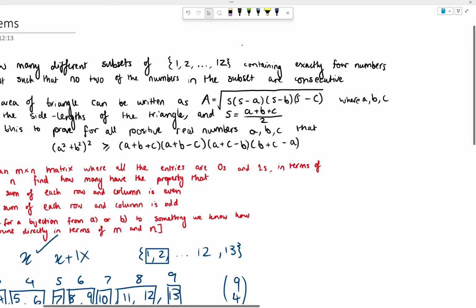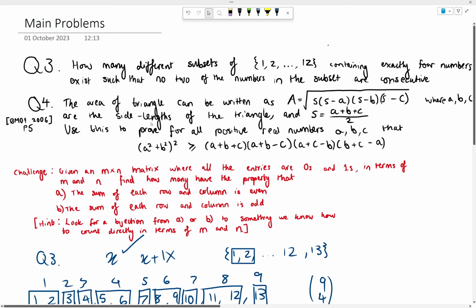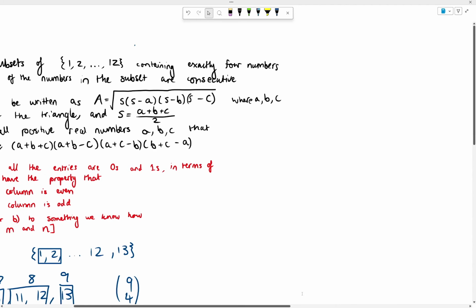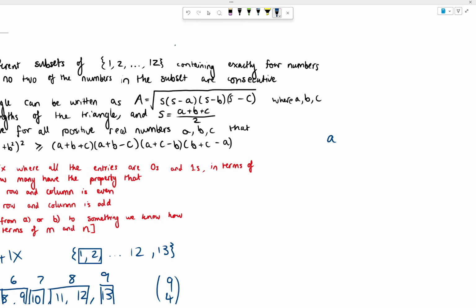So the first thing I'm going to have to notice is that not all triplets of numbers a, b, and c will always form a triangle. There's this thing called the triangle inequality, which says that three numbers a, b, and c will form a triangle if a plus b is greater than c, a plus c is greater than b, and b plus c is greater than a.